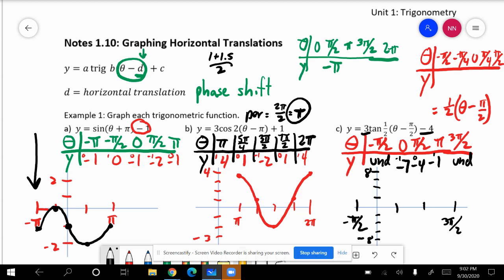And we have 0, which is negative 7. Then we have pi halves, which is negative 4. And then at pi, we have negative 1. We have a vertical asymptote at each of our ends.